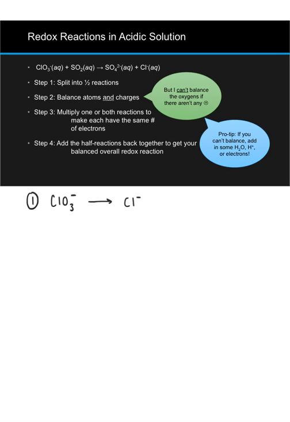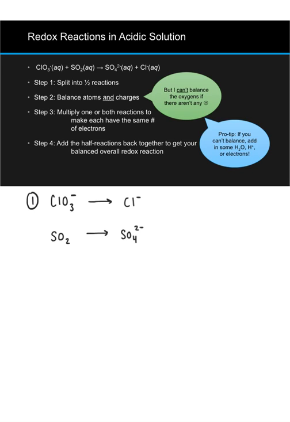What we're going to do is group substances that contain similar atoms in a half reaction. Chlorate and chloride both contain chlorine. And similarly, sulfur dioxide and sulfate both contain sulfur.